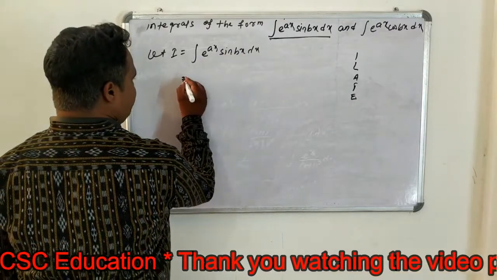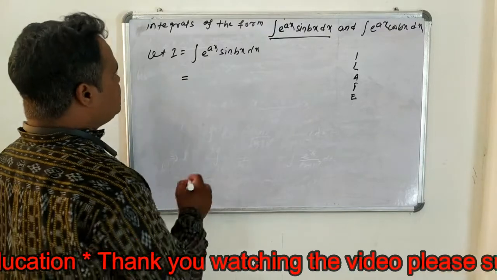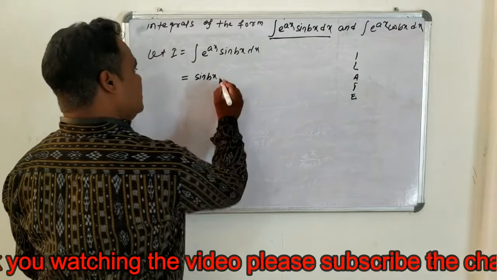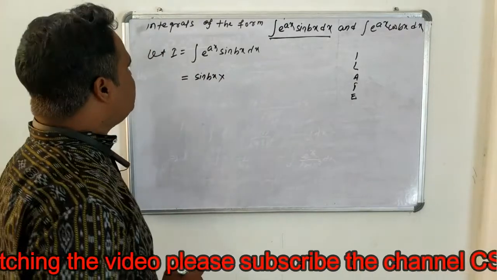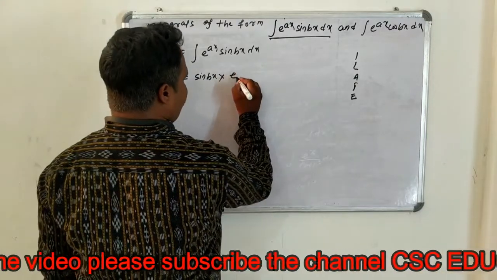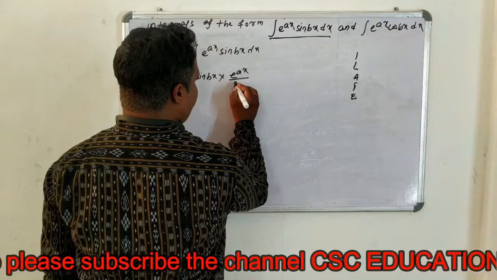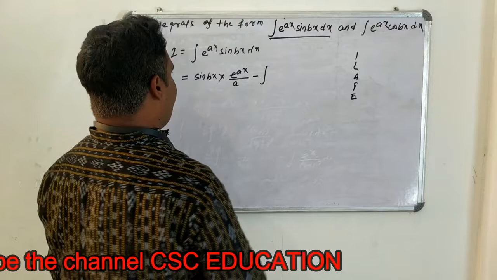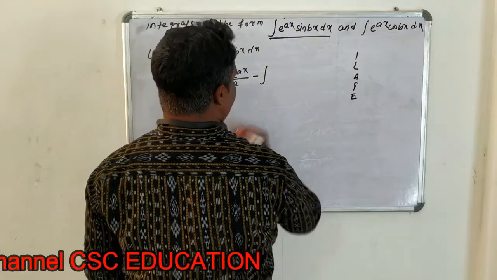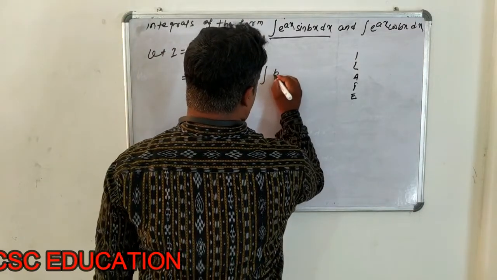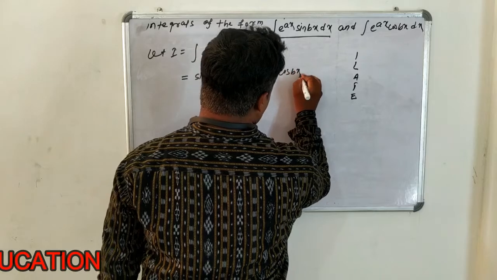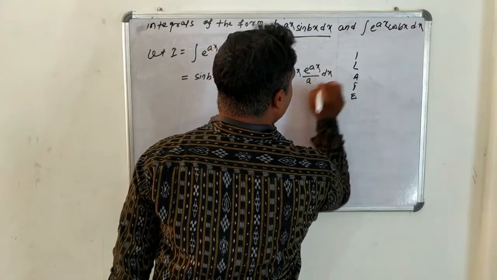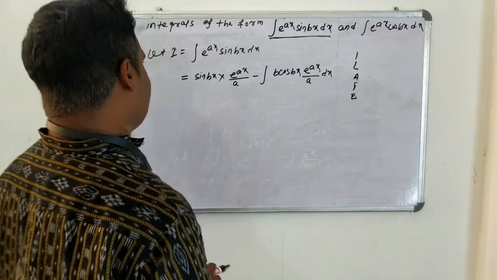In the integration by parts formula, the first function remains constant, that means sin px remains constant, then the integration of the second function, e to power ax, is e to power ax by a, minus the integral of the derivative of the first function, that means the derivative of sin px is p cos px, times e to power ax by a.